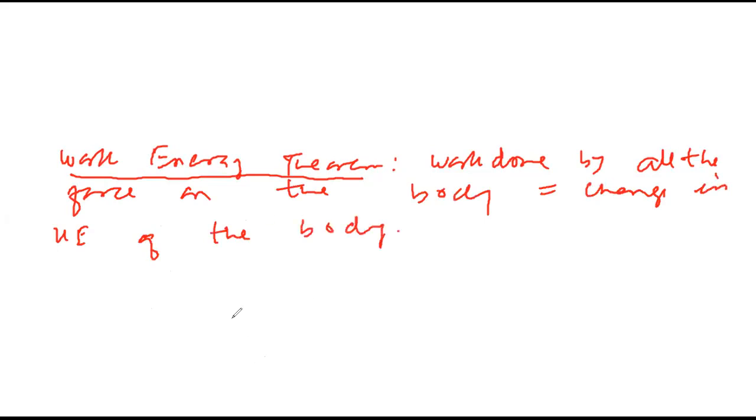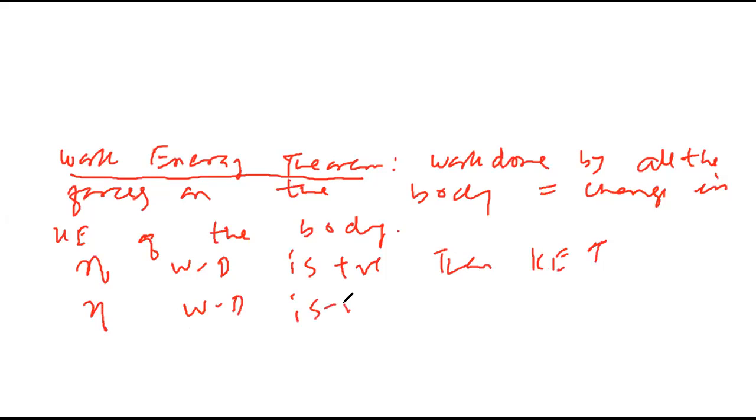Work done by all the forces on the body is always equal to the change in kinetic energy. If work done is positive, then kinetic energy increases. If work done is negative, then kinetic energy decreases.